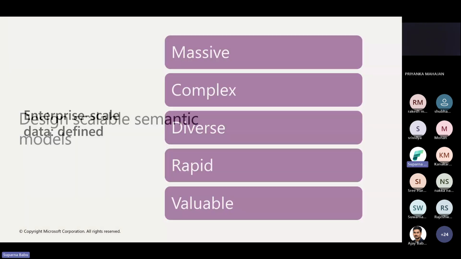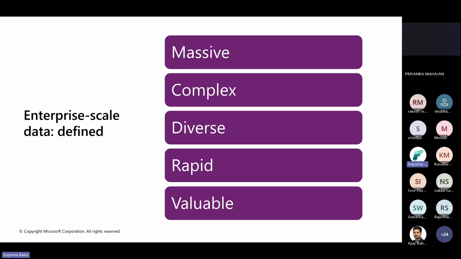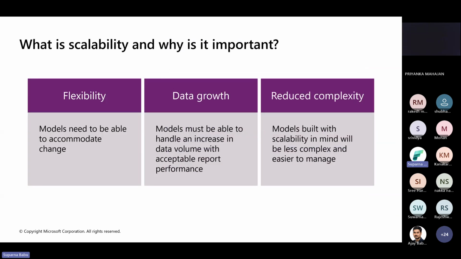Next, let's see scalable semantic models. Here they mention: massive, complex, diverse, rapid, and valuable. Now you can see what scalability is and why it is important. Whenever you build any semantic model, it should be scalable.